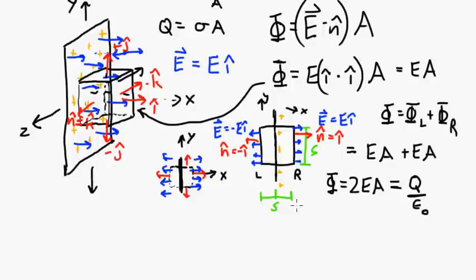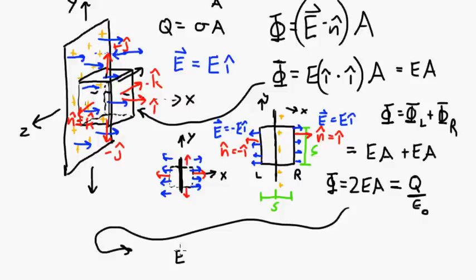The magnitude of the electric field, when we divide these through, is going to equal Q over 2A epsilon naught. And since Q over A is sigma, the electric field is equal to sigma over 2 epsilon naught.